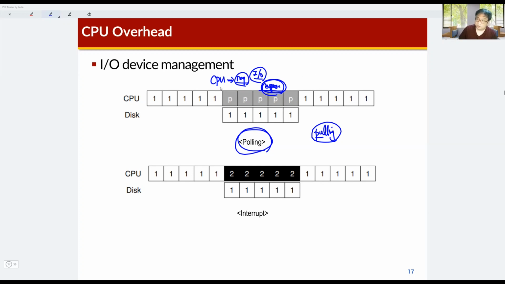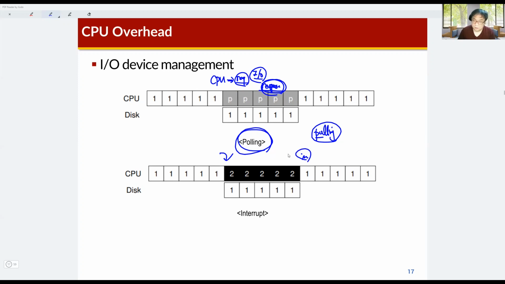The second method is interrupt-based control. Interrupt-based control means that after the CPU gives the request to the I/O device, then the CPU waits.